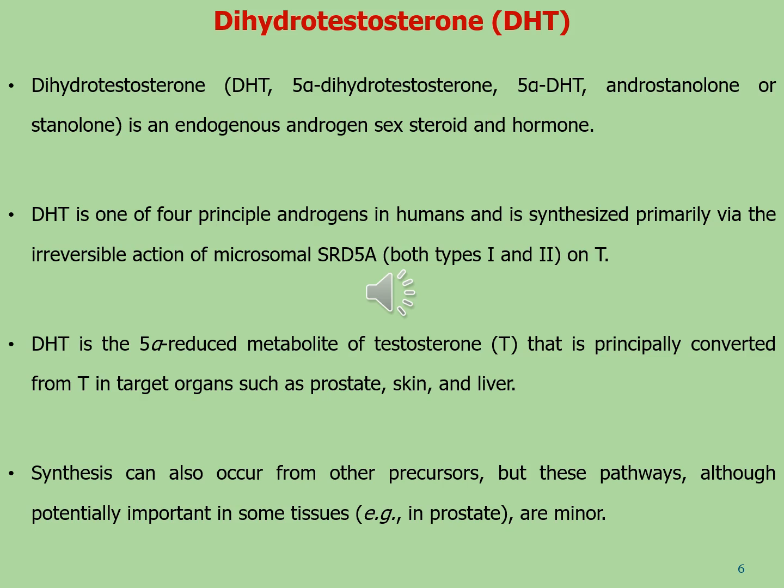DHT is the 5-alpha reduced metabolite of testosterone that is principally converted from testosterone in target organs such as prostate, skin, and liver. Synthesis can also occur from other precursors, but these pathways, although potentially important in some tissues, are minor.